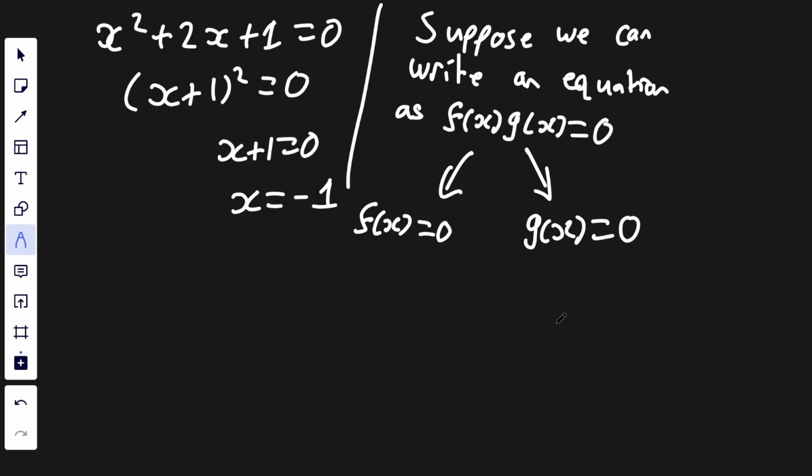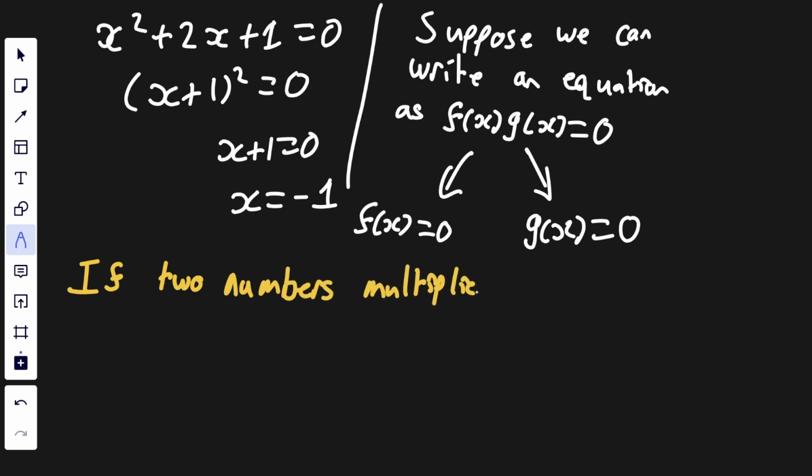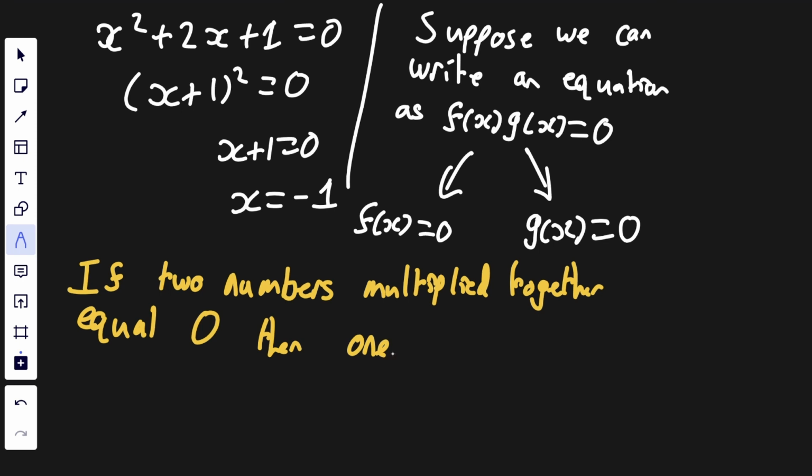But why can we do this? This comes down to a very fundamental idea with numbers. Let's state this here: if two numbers multiplied together equals 0, then one number must be 0.